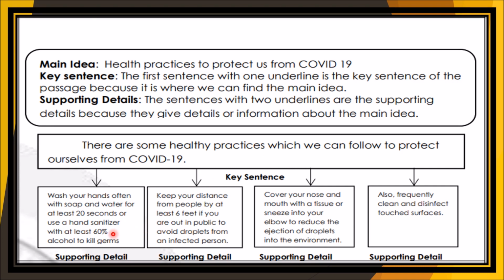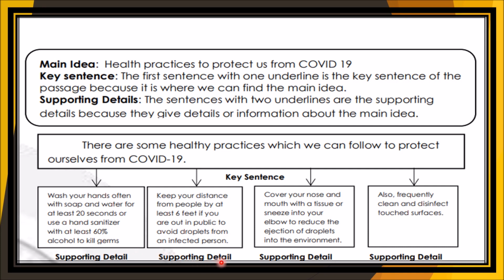And how about the supporting details? How many supporting details do we have here? 1, 2, 3, 4. So first, as we read a while ago, the first detail is wash your hands often with soap and water for at least 20 seconds, or use a hand sanitizer with at least 60% alcohol to kill germs.